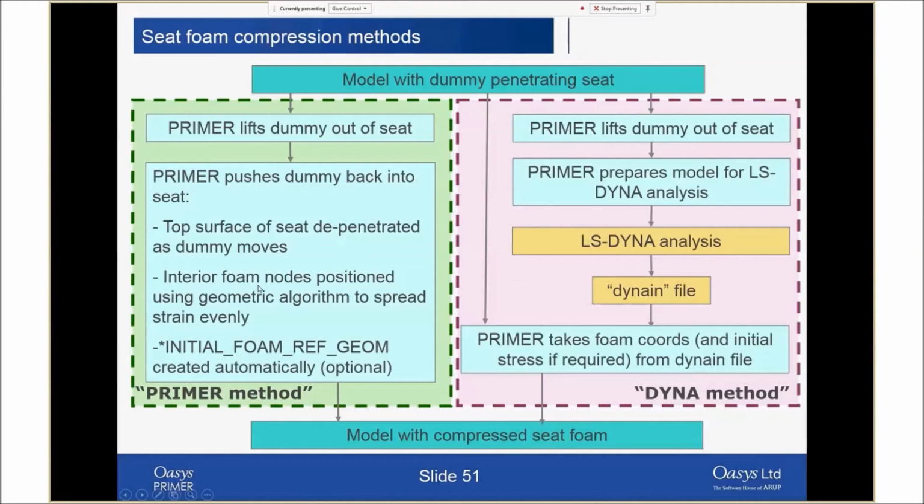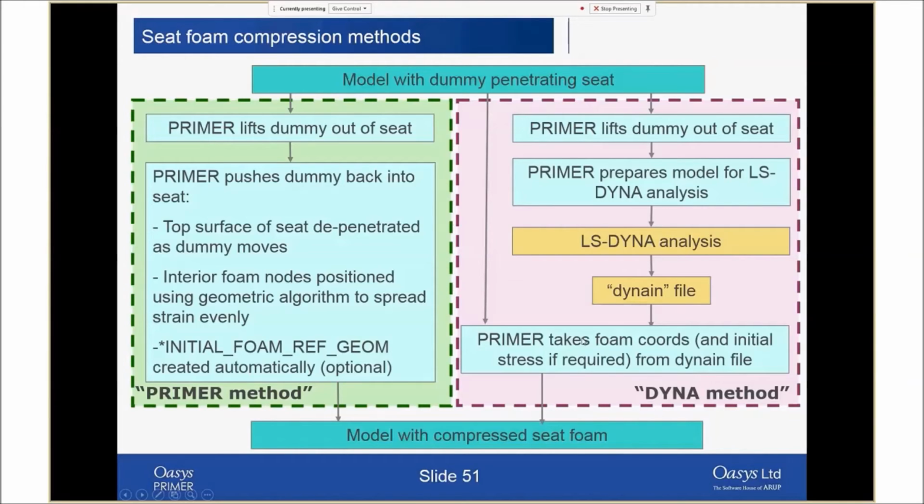The interior foam nodes are repositioned using a geometric algorithm to spread the strain evenly throughout the foam. And then you can, if you wish, automatically create initial foam reference geometry, which can introduce initial stresses into that foam. So that's the Primer method.